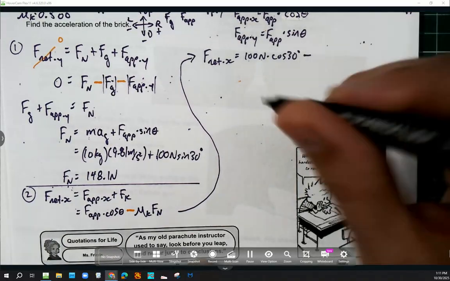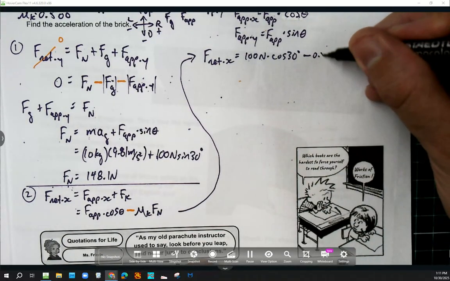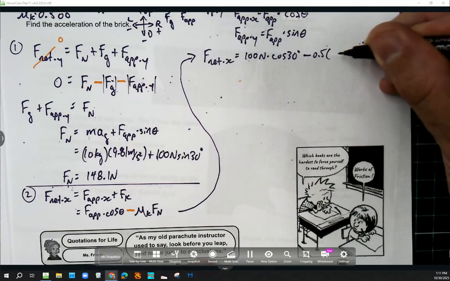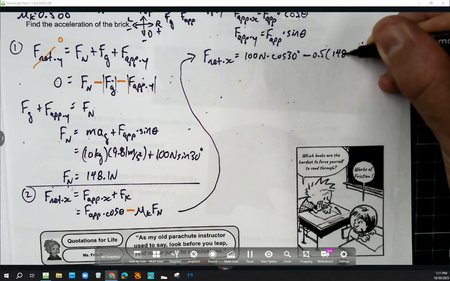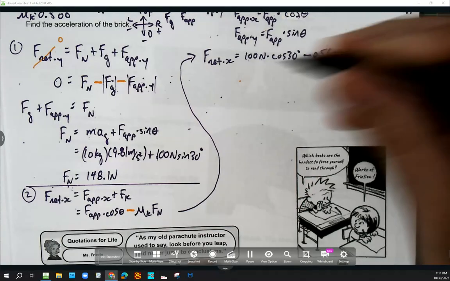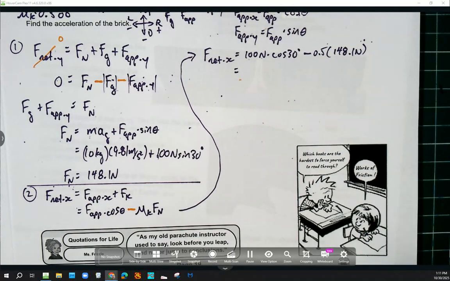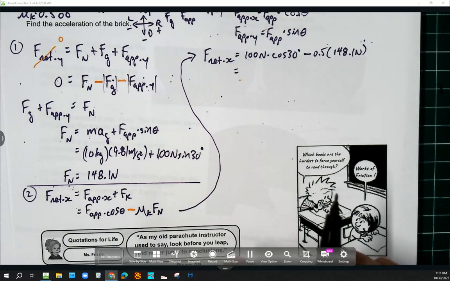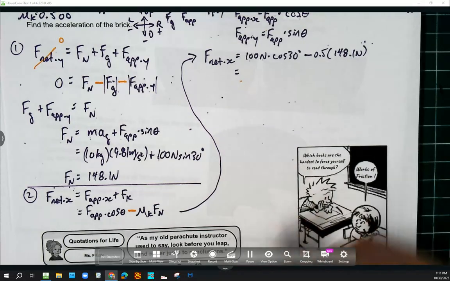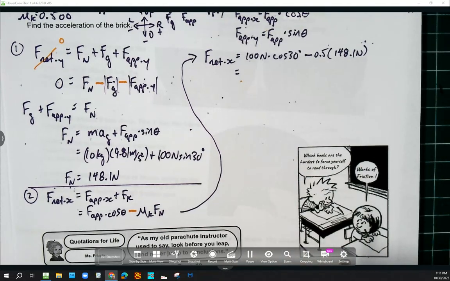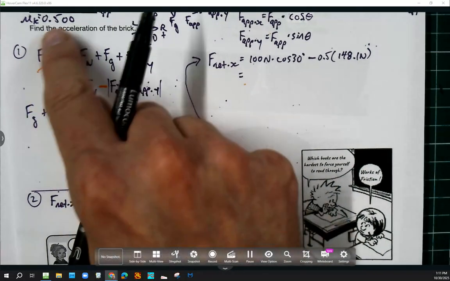100 newtons times cosine of 30, minus 0.5 times the normal force, 148.1. Remember, I don't want to prematurely round anything. And I get something that rhymes with 12. What is the mu? The mu is the coefficient of kinetic friction. But did you put down a number somewhere? It's 0.5.